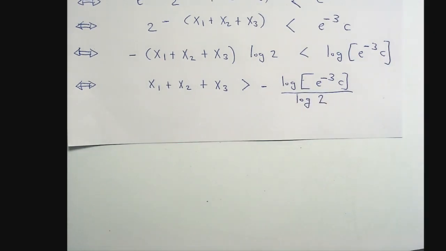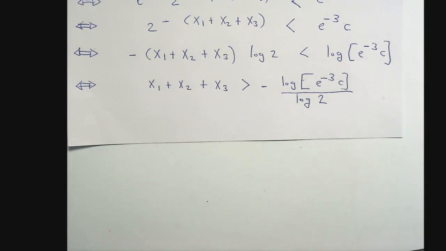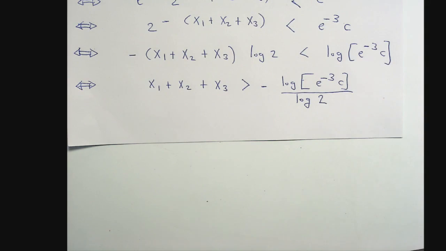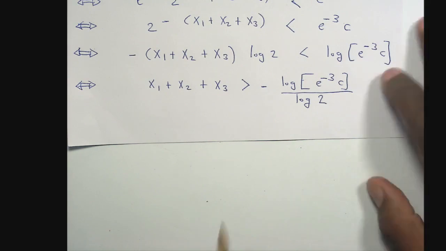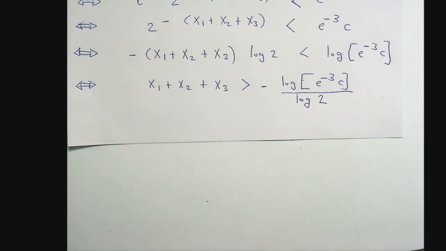You see the less than sign changes to a greater than sign because I'm dividing by a negative number. When you divide by a negative number, you need to switch the signs, right? So this is the rule for rejecting the null hypothesis.